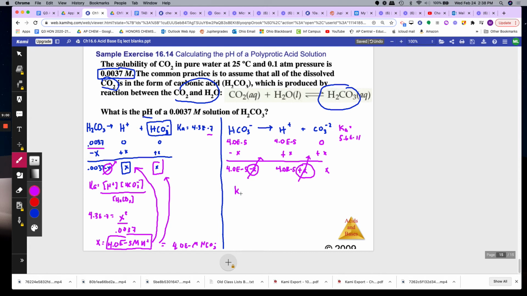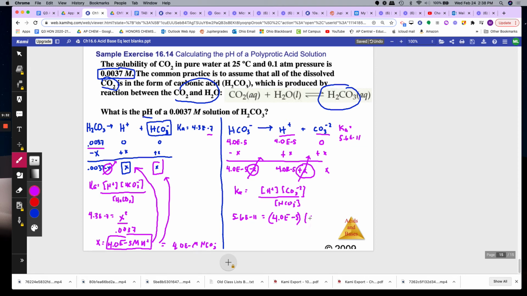Ka is equal to this H plus, this CO3 2 minus. So it's the second dissociation, which you know is not going to be really significant, right? And HCO3 minus. So Ka is 5.6 E negative 11 is equal to H plus is 4 E negative 5. The X is gone.